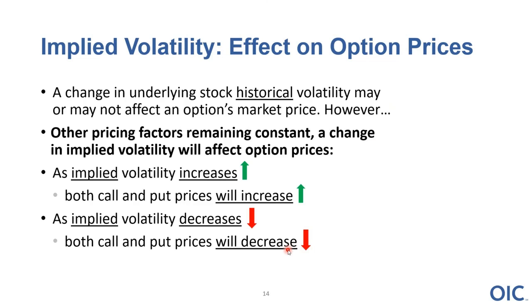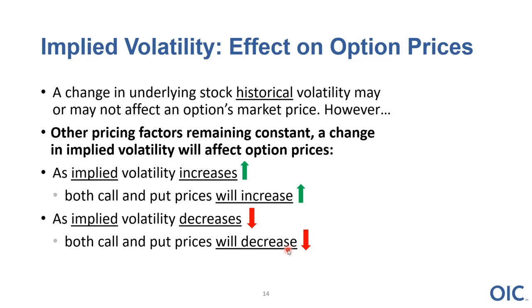But where is volatility the greatest? Where is it going to be the least? With respect to strike price, changes in implied volatility will be more significant. Options will be more sensitive that are at the money. Your strike prices close to where the stock is trading are going to be more sensitive. And that makes sense.